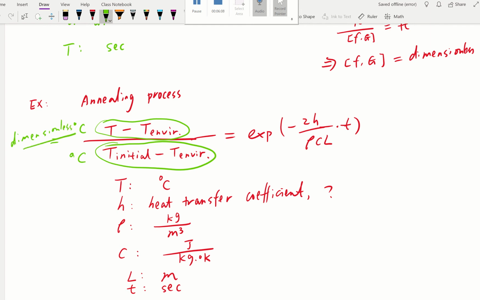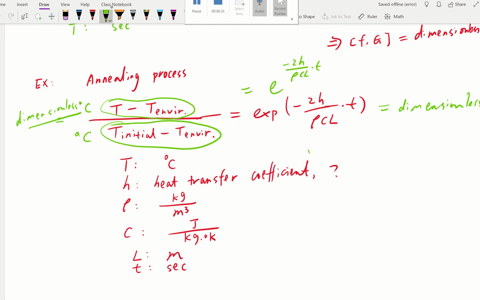So if this is dimensionless, we know the exponent is going to be dimensionless as well. Then the exponent, e to the negative 2h rho c L t. If this whole thing is dimensionless, then we can again simplify this problem. We can say this exponent, negative 2h rho c L t, this whole thing here is going to be dimensionless.